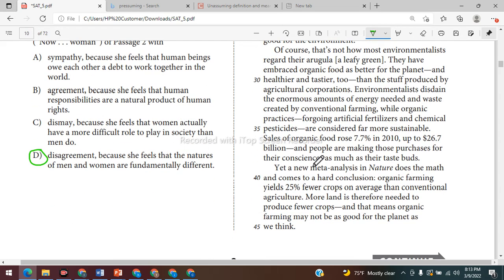Yet, a new meta-analysis in Nature does the math and comes to a hard conclusion. Organic farming yields 25% fewer crops on average than conventional agriculture. More land is therefore needed to produce fewer crops, and that means organic farming may not be as good for the planet as we think.